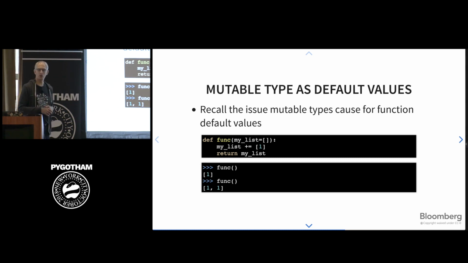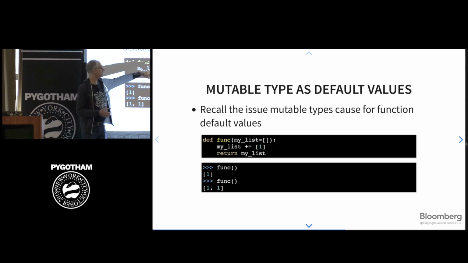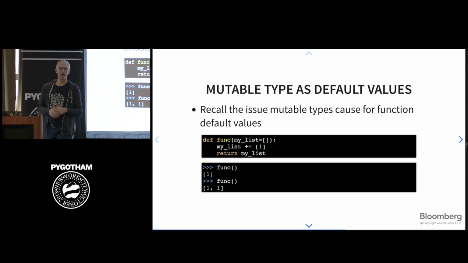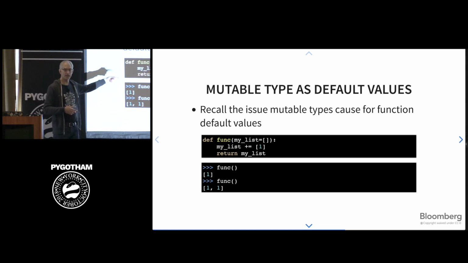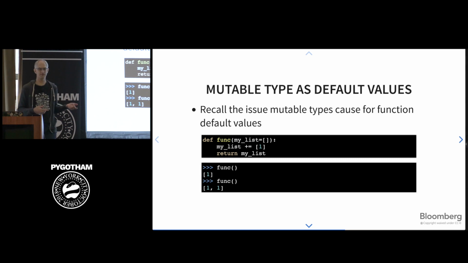Just a quick reminder of why mutable types as default values can get us into trouble. If we look back at keyword arguments or default values in regular functions, if I naively put a list as my default value, I can get unwanted behavior within my function, because it's storing a reference to this list and then reusing that list in a mutable way each time I call the function.